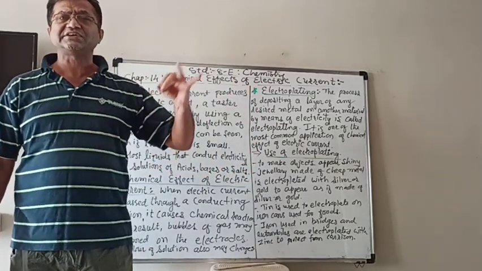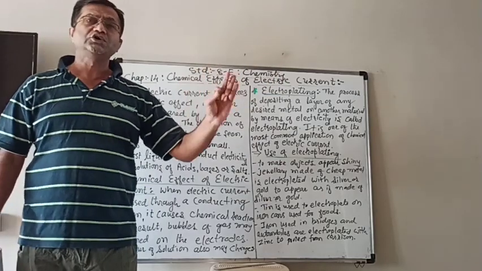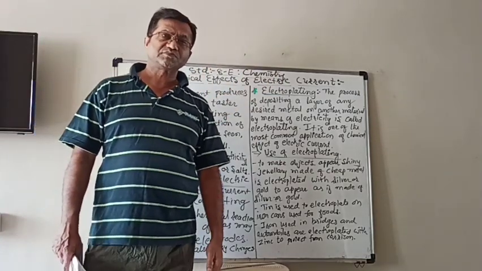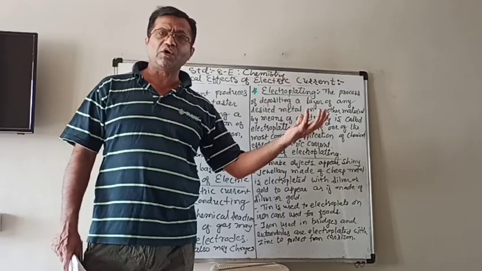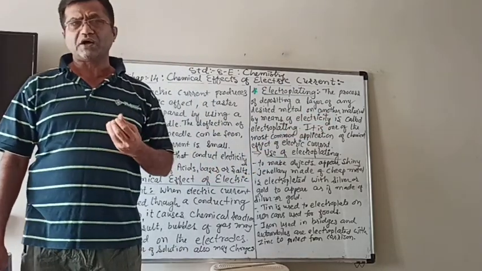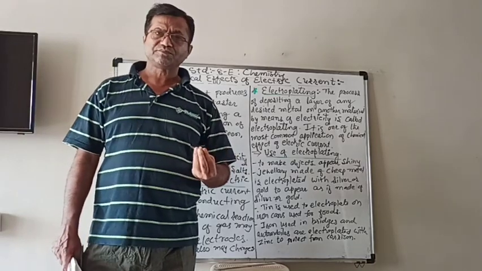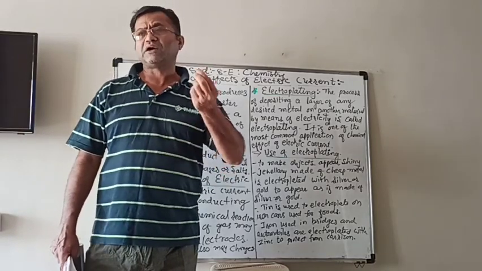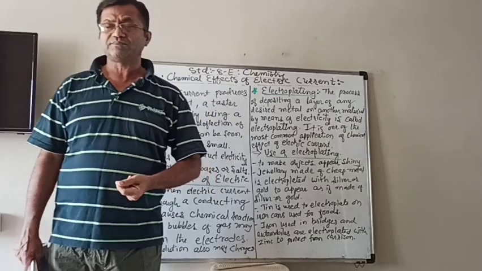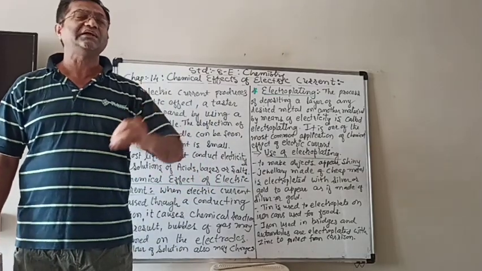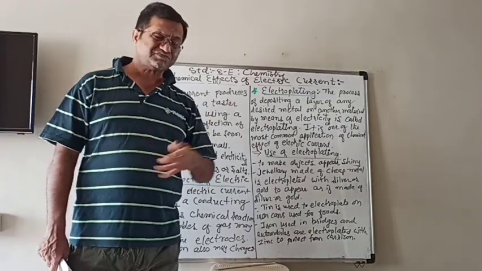Most acids, bases and salts are good conductors of electricity. As I told you, distilled water is a poor conductor, but our tap water or water from a well or river already has some salts dissolved in it, and therefore it will conduct electricity.